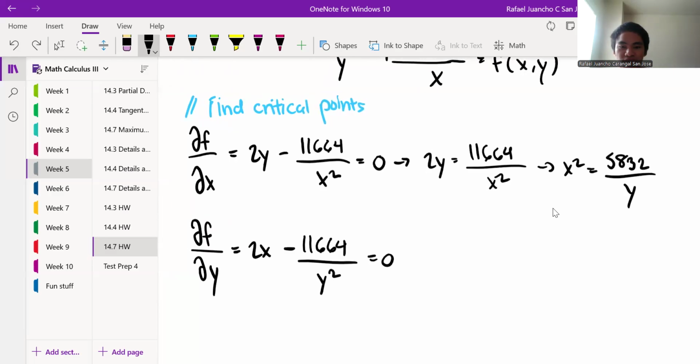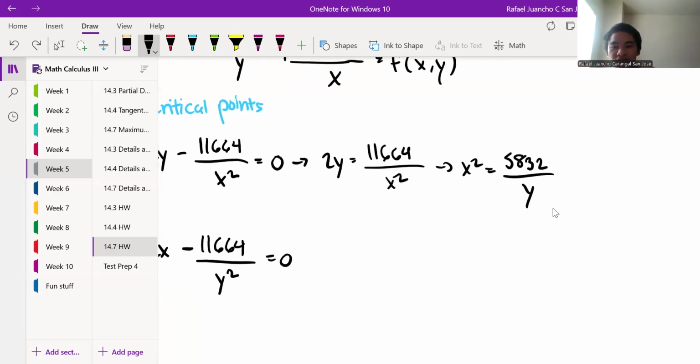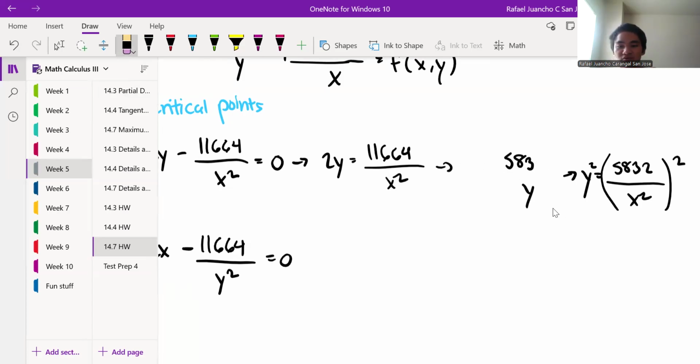let me think. Okay, since I don't want to deal with square roots, I'm going to say this becomes y equals 5832 over x squared. And so if I want to put a square, I just put square there. And so I'm going to get y squared is just equal to this squared. So 5832 squared.